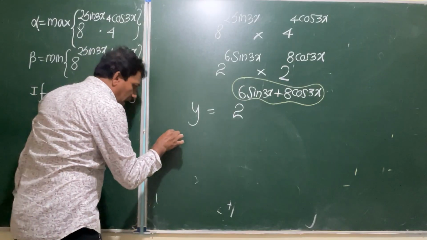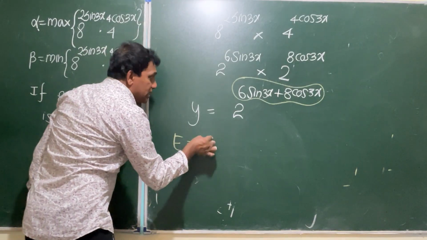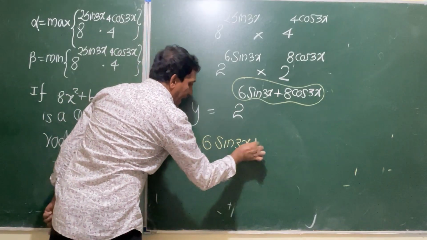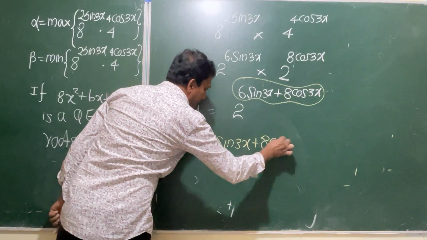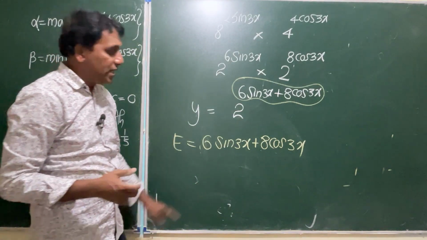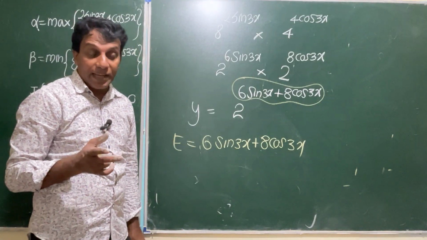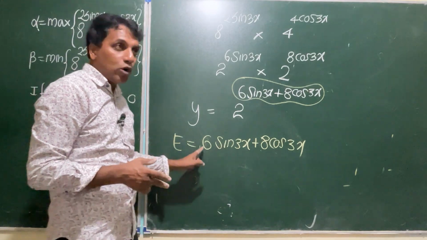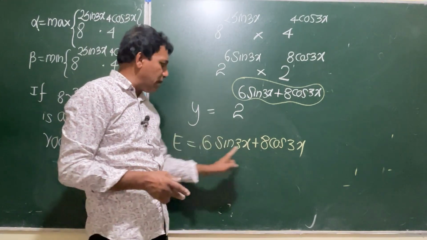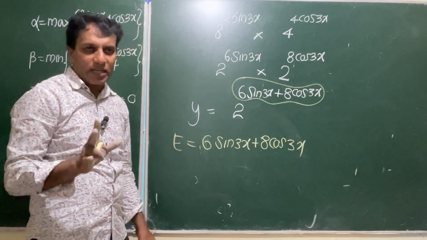See my method. I take E equal to 6 sine 3x plus 8 cos 3x, right? Now study once again, a final chance to learn how to find the maximum and minimum of such a pattern. This is the standard theory part, known as the A cos theta plus B sin theta pattern, or A sin theta plus B cos theta, whatever, no problem.